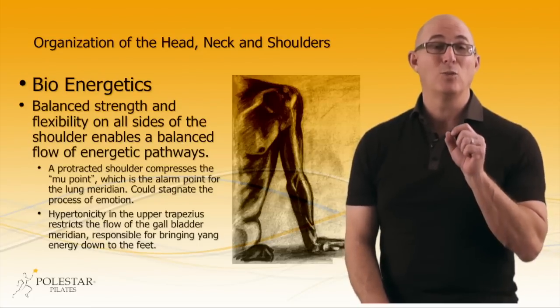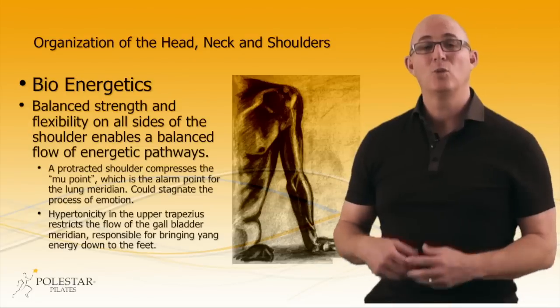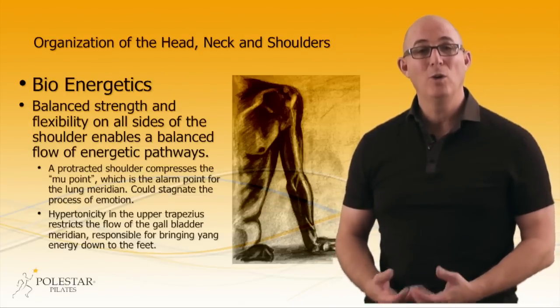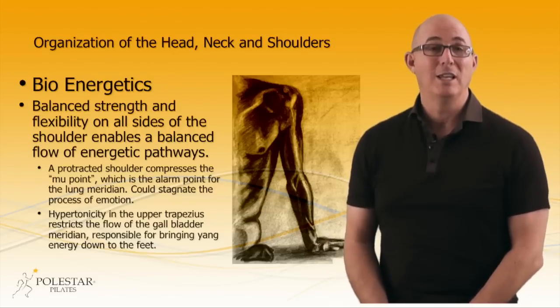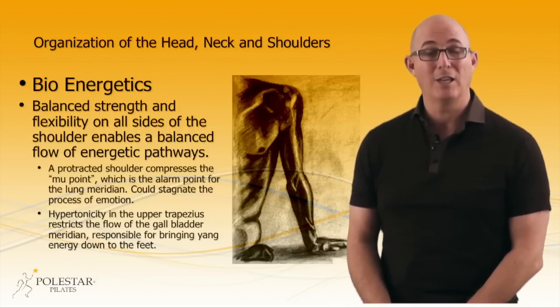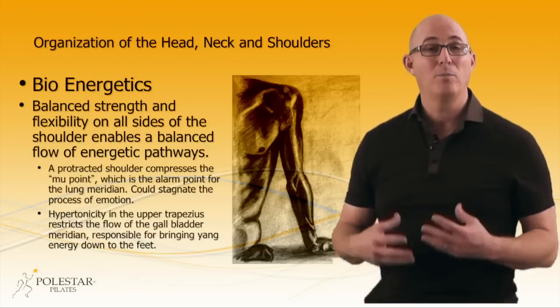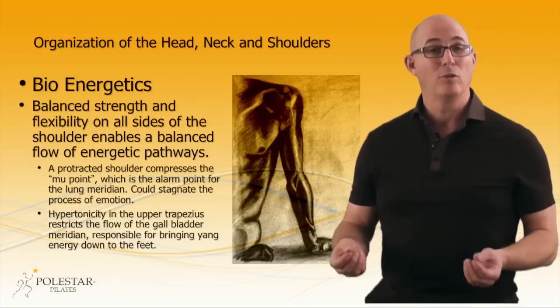What's important is that to restore the normal function, we improve our posture, reorganize our shoulder girdle and head, and improve the flow of qi and energy through those meridians that are found in our chest, our neck, and our shoulders. These are all important aspects of improving the quality of our health.